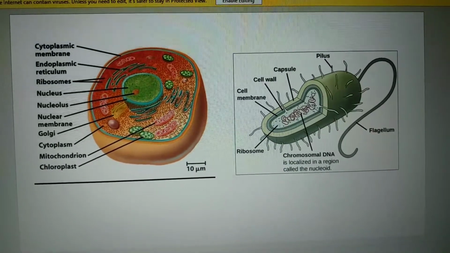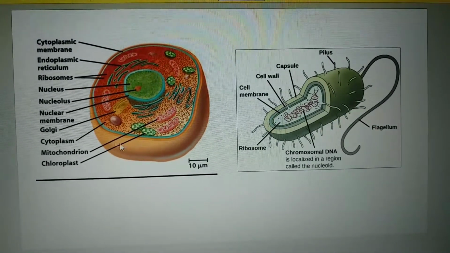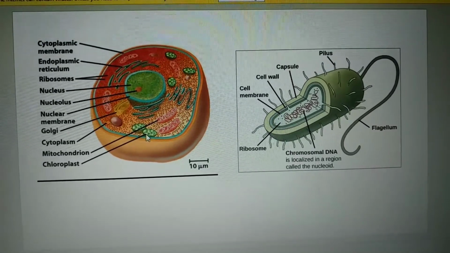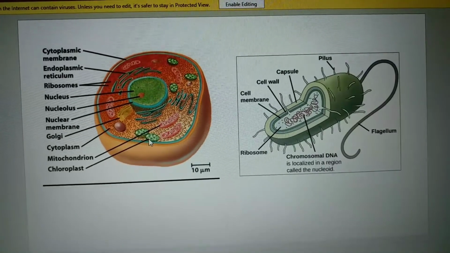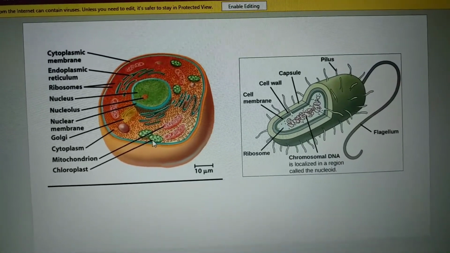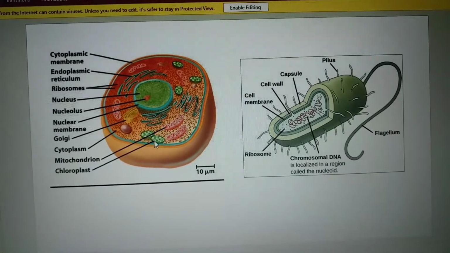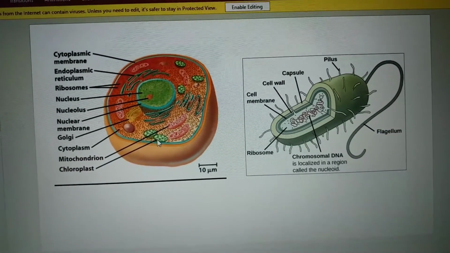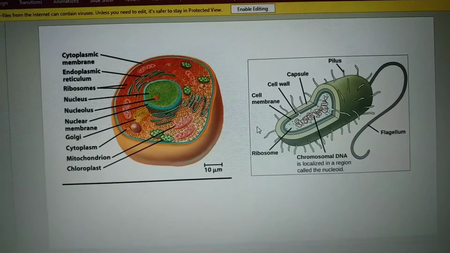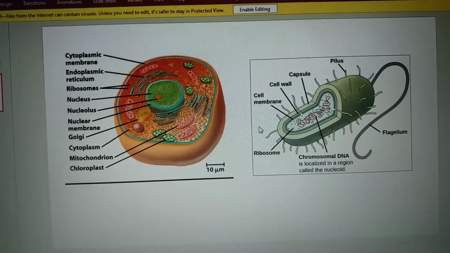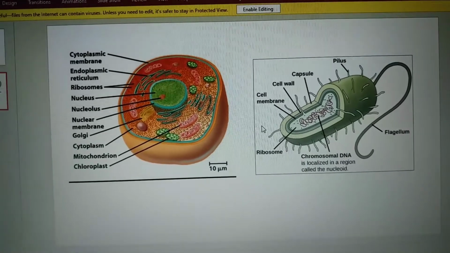The chloroplast. There's a chloroplast here in the eukaryotic, but it is only present in the plant cells. There's no chloroplast in the animal cells. While in the prokaryotics, there's no chloroplast, although there's chlorophyll scattered in the cytoplasm.